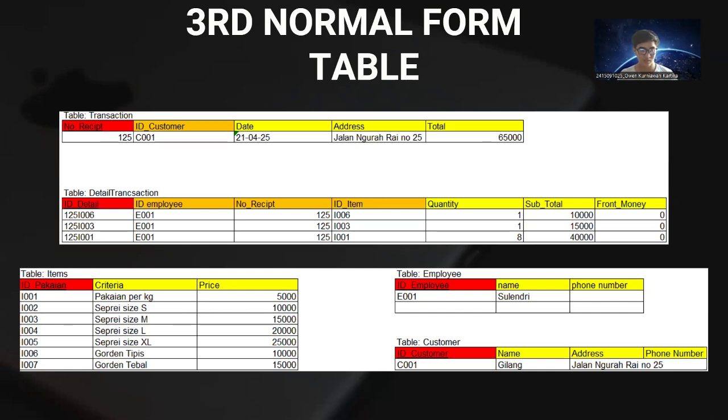Here we use item ID I001 for clothes per kilogram. In Gede Laundry, they use a pricing system where clothes are charged per kilogram. So if the customer wants to wash 1 kilogram of clothes, they will pay 5,000. And after we asked the owner again, spray and curtain have their own specifications.